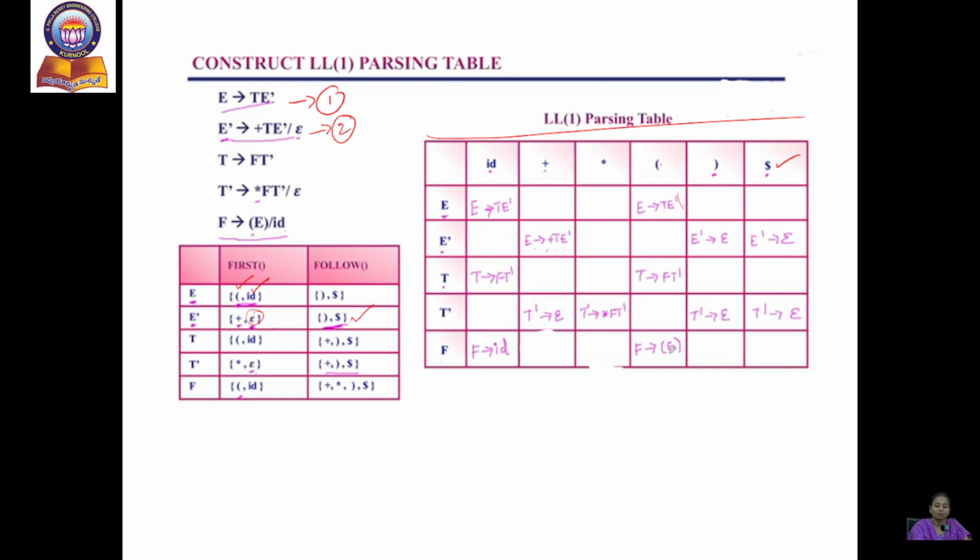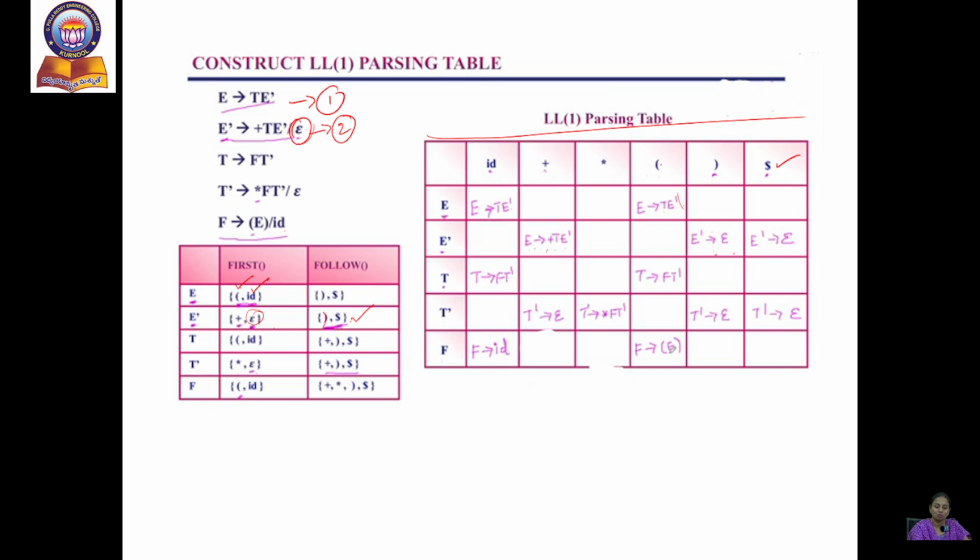E dash also derives one more production, that is epsilon. So in the place of epsilon we consider the follow function of that non-terminal, and we have to write the production E dash derives epsilon in those row and column intersections, that is, in the E dash and closing bracket intersection box, and in the dollar box.